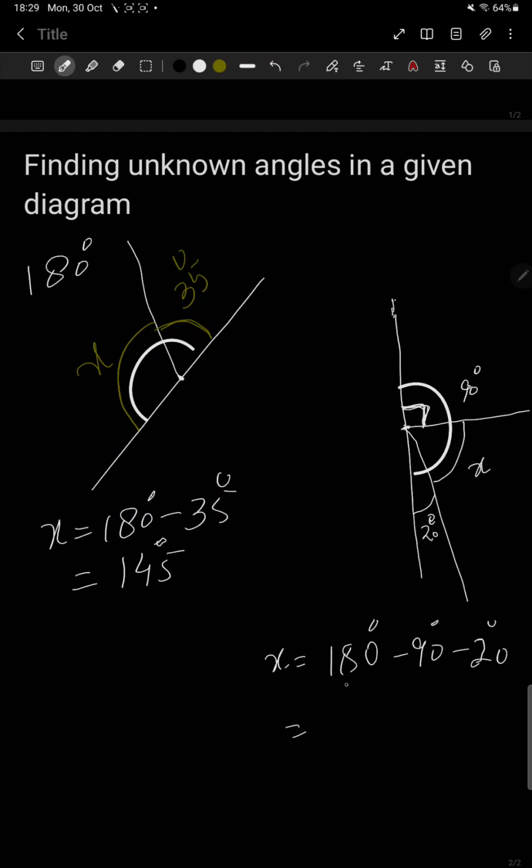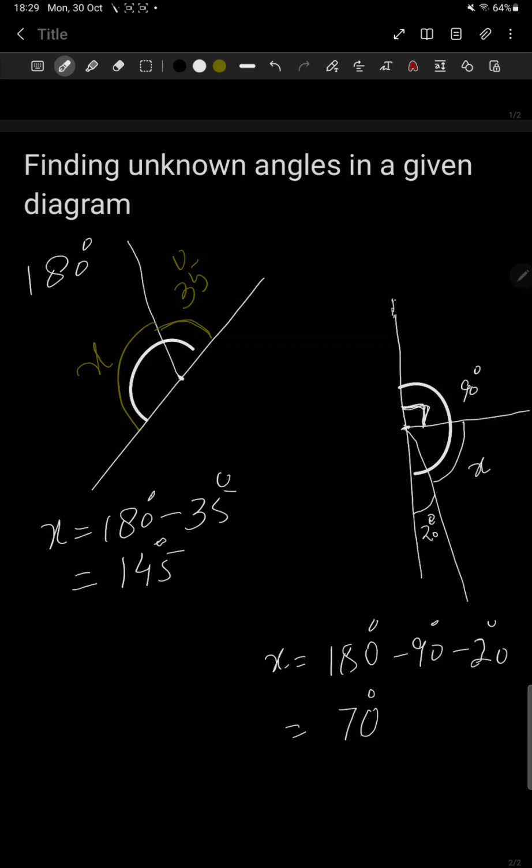So 180 minus 90 will give me 90 degrees, and 90 minus 20, finally the answer will be 70 degrees. So the unknown angle X is equal to 70 degrees. So it is very easy. Whenever we have a straight line, we will subtract all the angles which are made over here from 180, and the unknown angle we can easily find out.